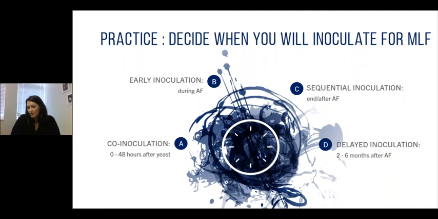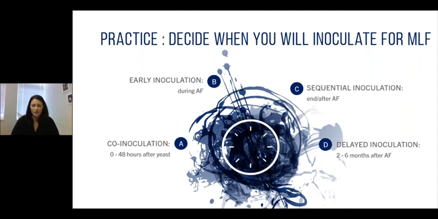Okay, so you decide you want to inoculate for malolactic fermentation. When do you actually add the bacteria? You have a couple of options, and probably the two most important are co-inoculation and sequential inoculation.